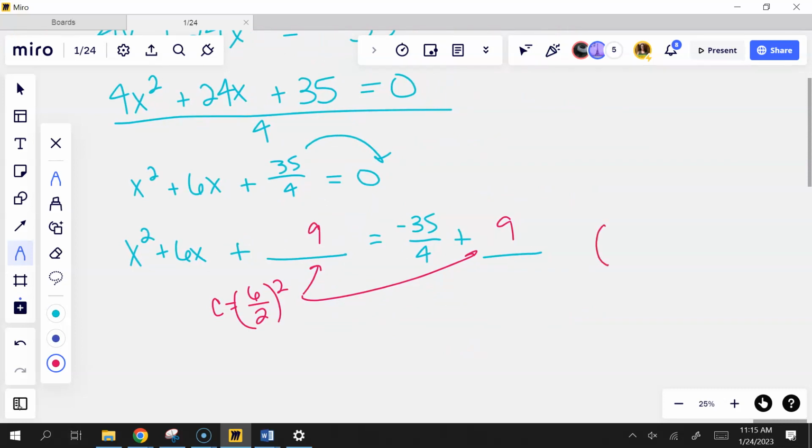Do a parenthesis, negative 35 divided by 4, close the parenthesis, that's my fraction here, and then do plus 9 and hit enter. Get a decimal, right? We don't want a decimal. Hit math, enter, enter. What do you get?